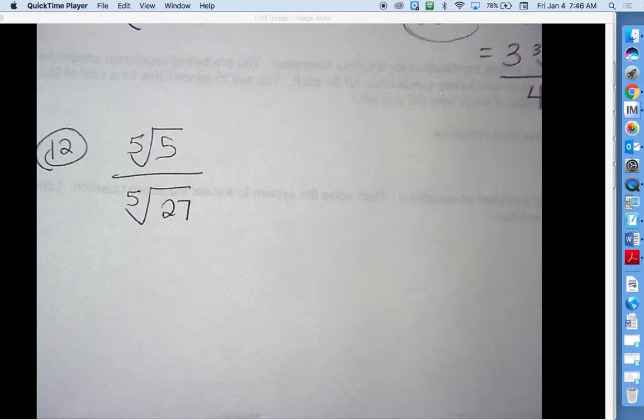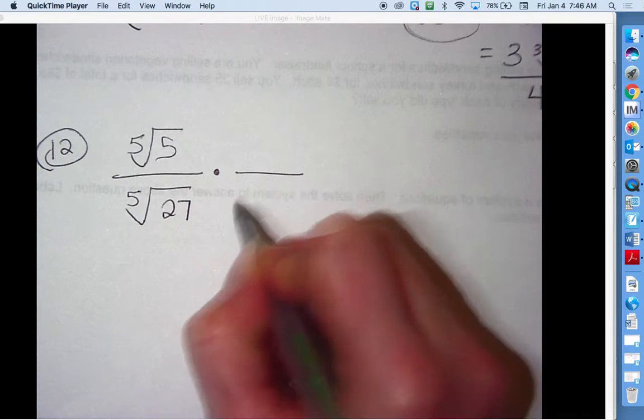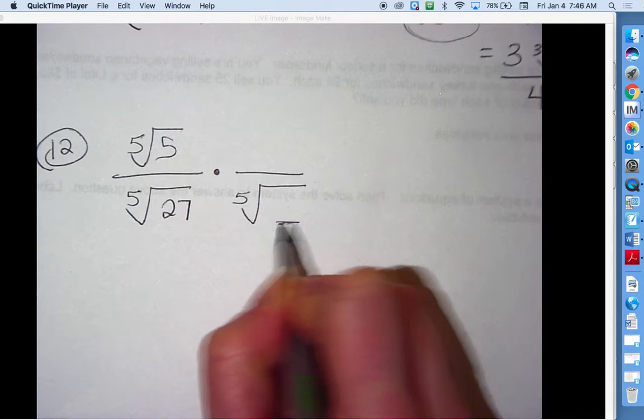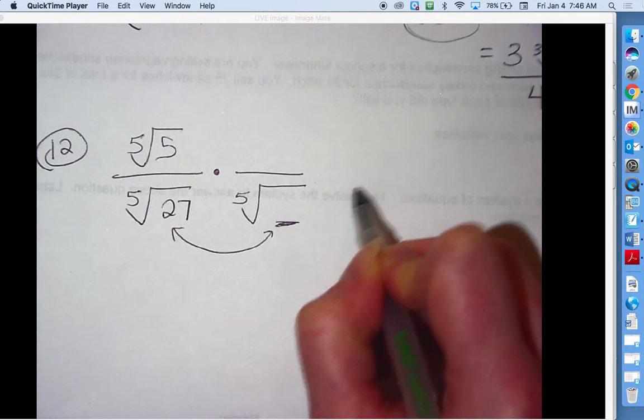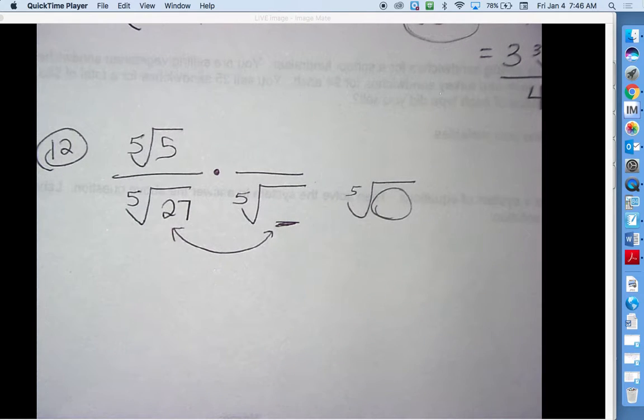So we have to figure out a number to multiply the denominator by, so that when I take 27 and that number, our end result is a perfect fifth. So we need to have 27 times some number to get a perfect fifth over here.